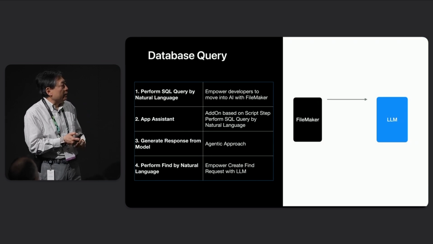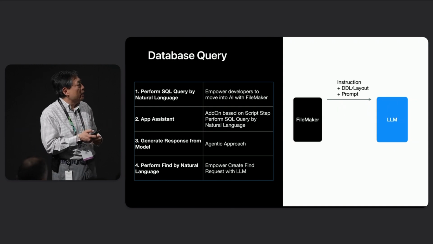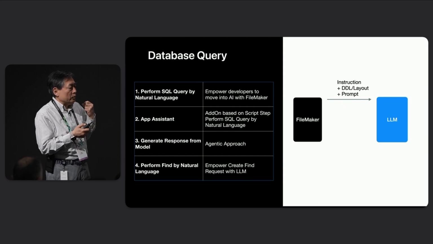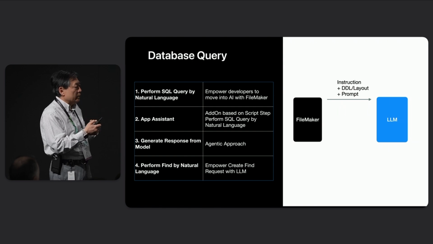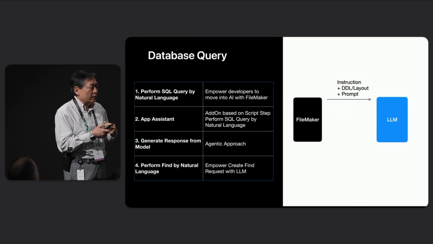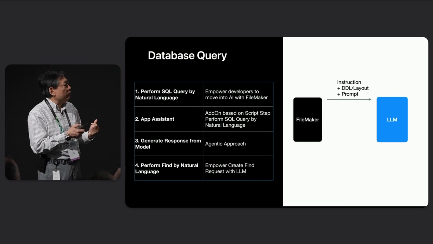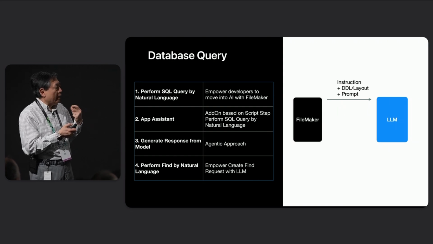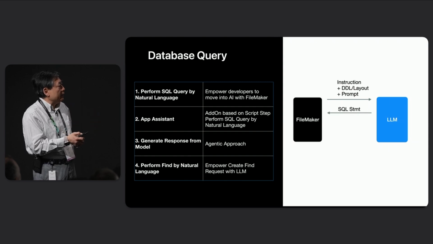The first topic is database query. Here is a big picture of what's happening inside the database engine. When you use our script step to chat with the database, the FileMaker database engine sends the instruction, which has the prompt engineering plus the data definition language or layout information, plus the user prompt, to the LLM. The LLM processes it and sends back the SQL statement.